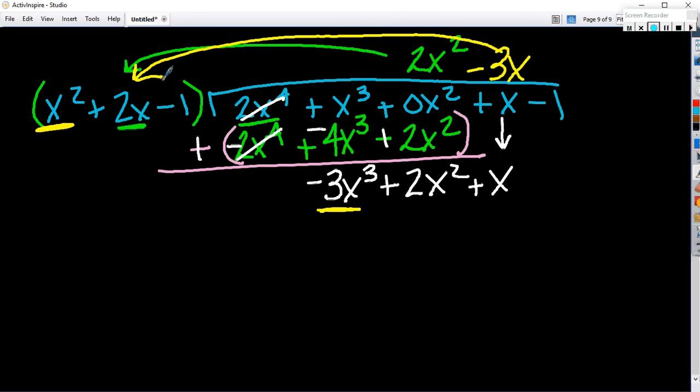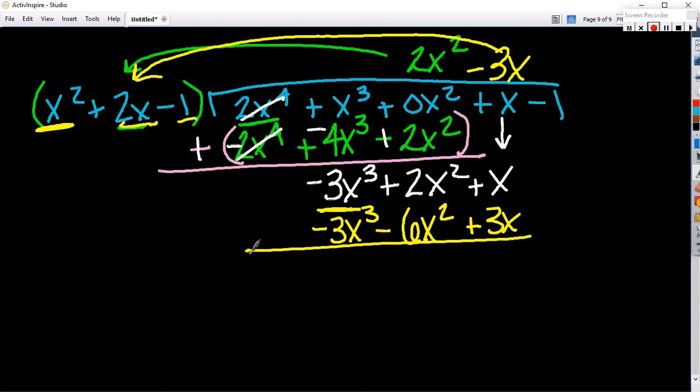Negative 3x times x squared, and I'm emphasizing the negative because you've got to make sure you take that negative 3x. Negative 3x cubed. Negative 3x times 2x is negative 6x squared. And negative 3x times negative 1 is positive 3x.